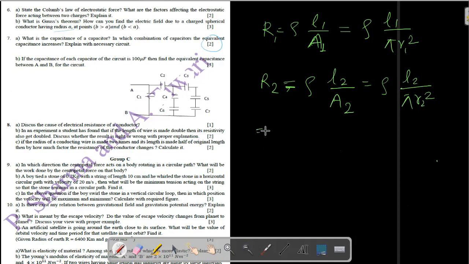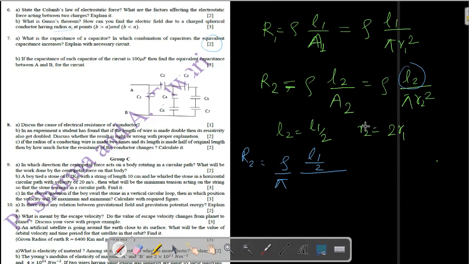So L2 is half of L1 and R2 is twice of R1. You have to use all these in the second expression. So R2 is equal to rho, let it be constant, and we replace L2 by L1 by 2 and R2 by 2R1 whole square.